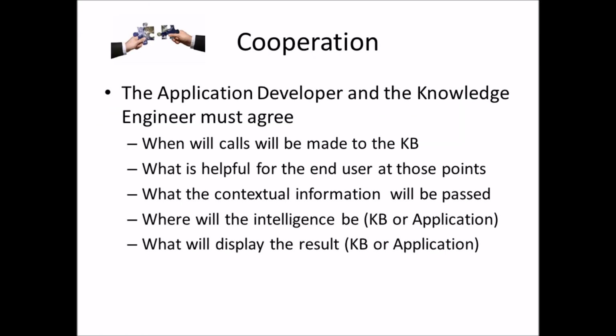So for context-sensitive help to be really effective from the user point of view, there must be a lot of cooperation between the application developer and the knowledge engineers whilst the application is being developed.